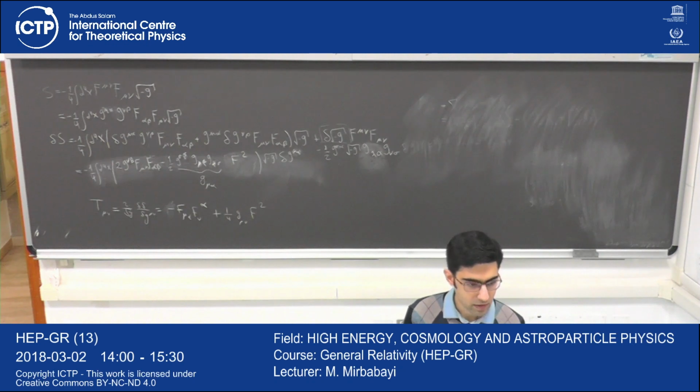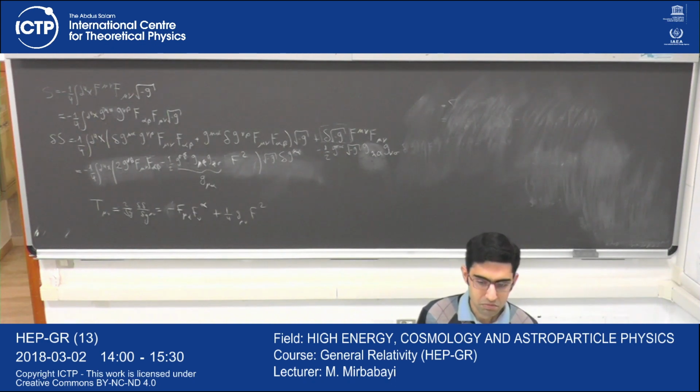Because, no, imagine if we had connection, couldn't we do variation of the connection with respect to metric? Connections are also functions of the metric, yes. Also, metric with lower index and upper index are not independent. Yes.